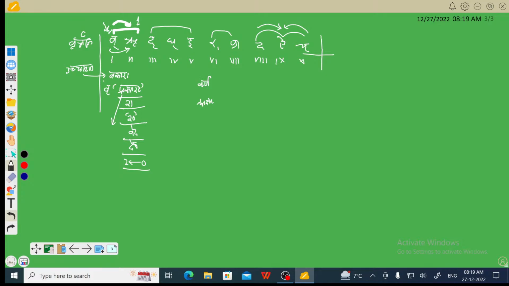Ultimately we will learn how Supant and Tidant will help us reach these. In reaching Padas, here is 18, here is 13, here again is 13. How this feature will be availed as a format.